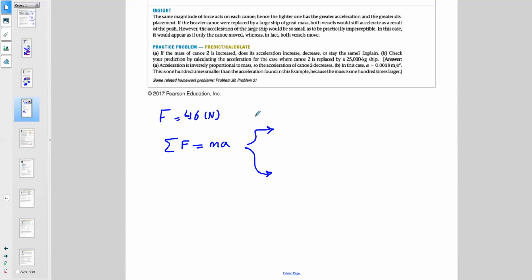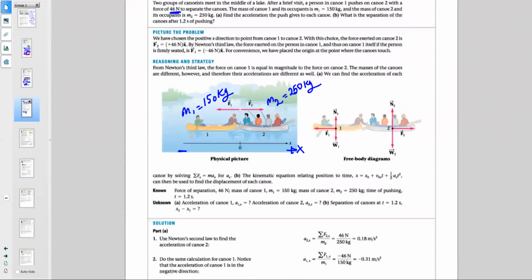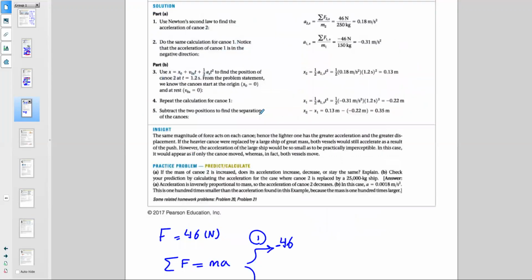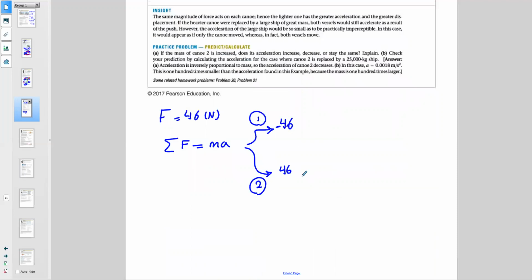For 1 and for 2, it will be 46. For 1, it will be in the negative direction, because we have chosen the positive direction to be to the right, so negative is to the left. F2 is that way, and F1, the reaction, is this way. So negative, positive.